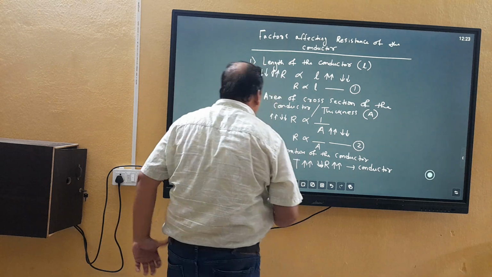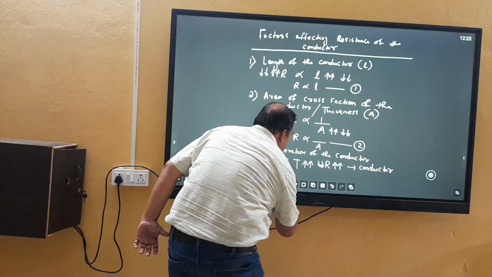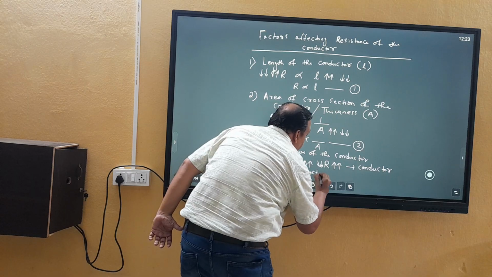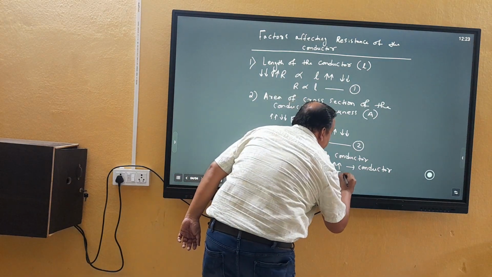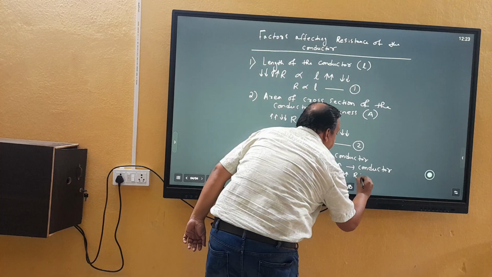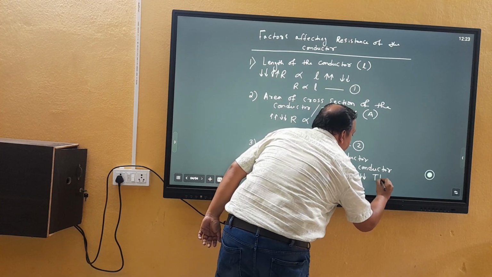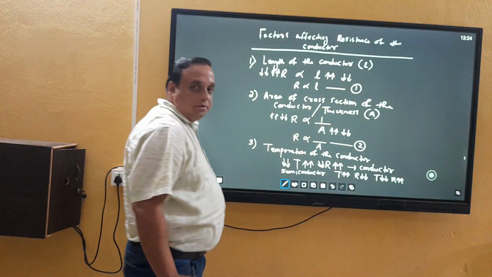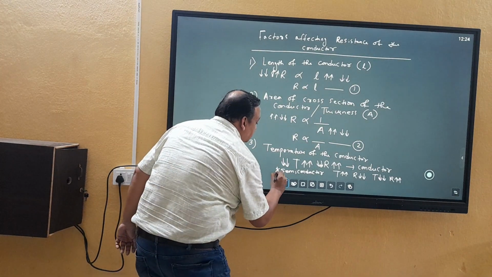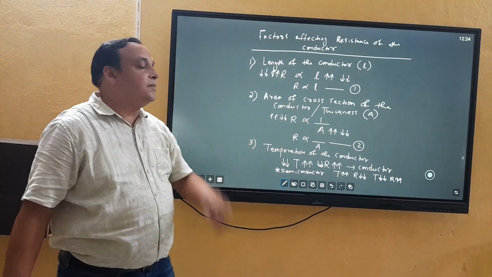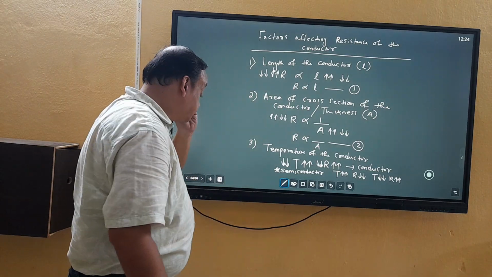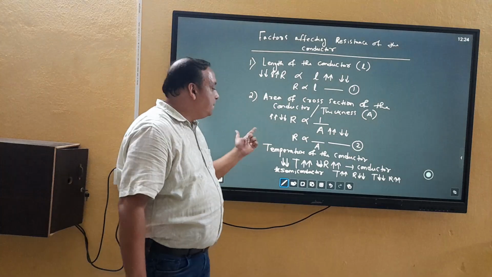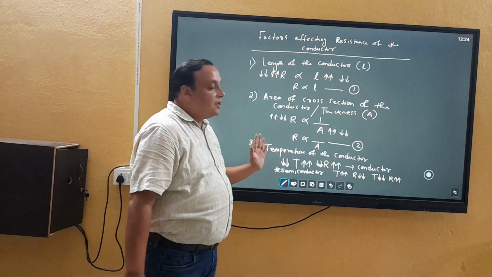If you go for the semiconductor, with the increase in temperature, the resistance decreases, and with the decrease in temperature, resistance increases. This condition is for semiconductor. So, in case of semiconductor, Ohm's law is not obeyed, and if you go for the conductor, Ohm's law is obeyed, but the temperature remains constant.